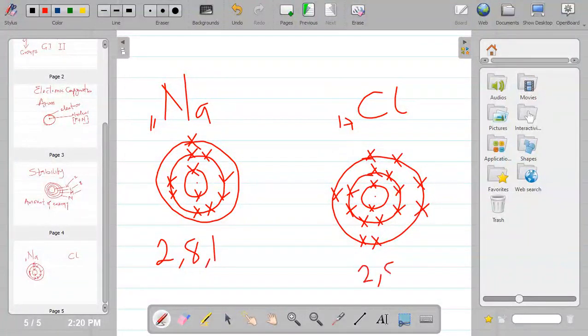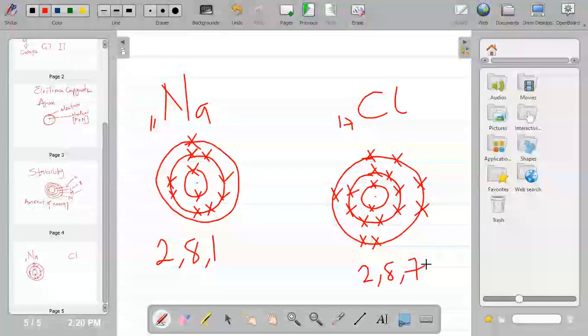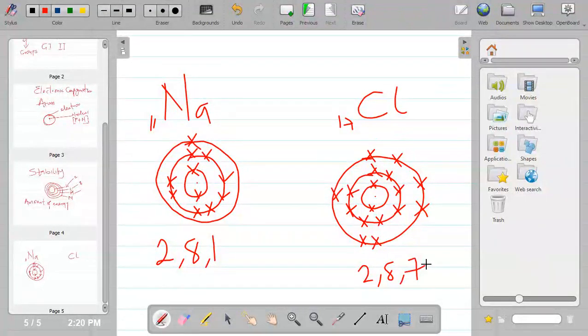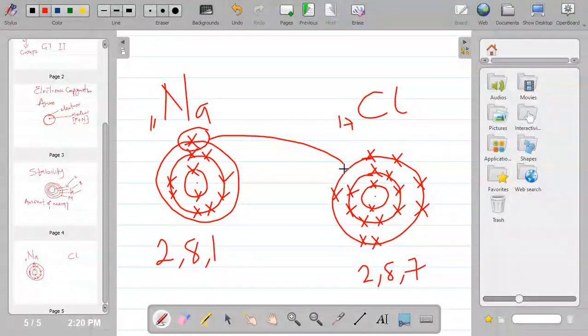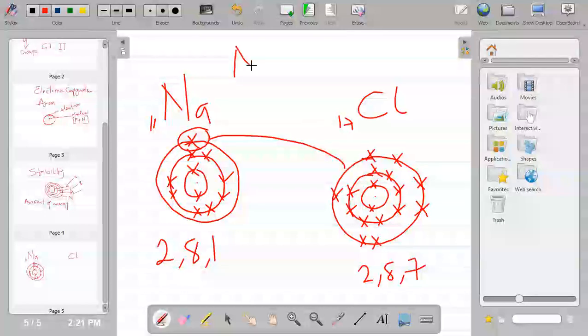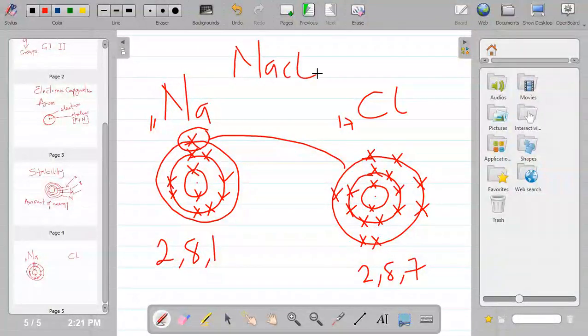This we have 2, 8, 7. In order to achieve stability, the electron of the sodium right here will be donated, sodium being an electropositive element, to complete that of the chlorine, as an electronegative element which accepts electrons. Hence, both of these elements will form a compound known as sodium chloride, which is a stable compound. And why is that?